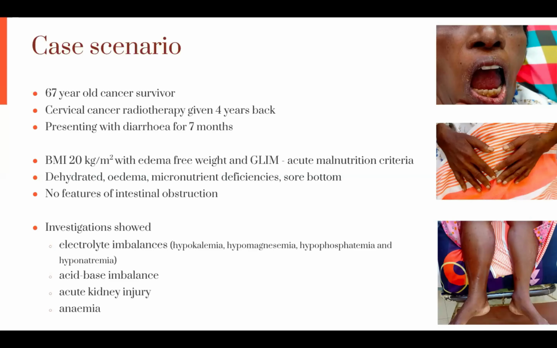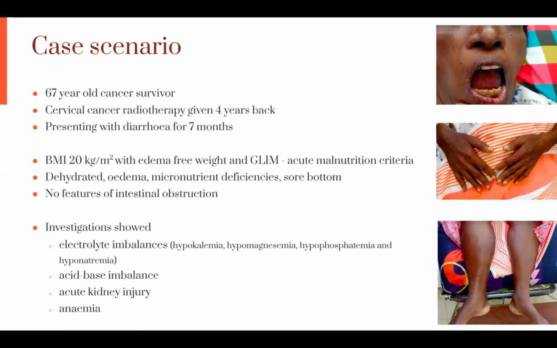But this is a chronic malnutrition on top of which there is acute deterioration. She was dehydrated, edematous, micronutrient deficiencies were there, sore bottom was there. No features of intestinal obstruction. It was diarrhea, and that's why the patient had not come to the hospital, because she was not willing to come.